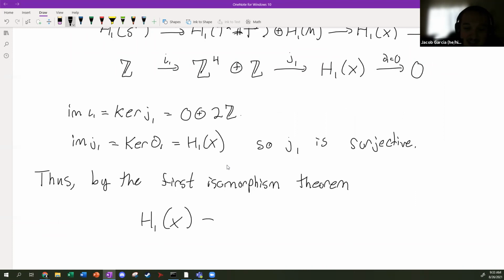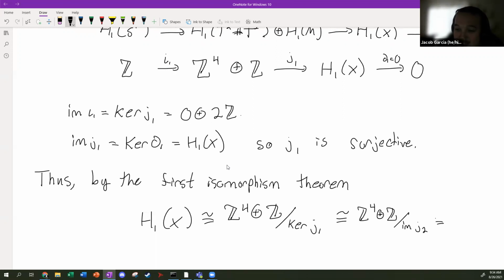H1 of X is isomorphic to Z4 plus Z mod the kernel of J1, which is the same as Z4 plus Z mod the image of J2, which is the same as Z4 direct sum Z mod 0 plus 2Z, which is exactly Z4 direct sum Z mod 2Z.